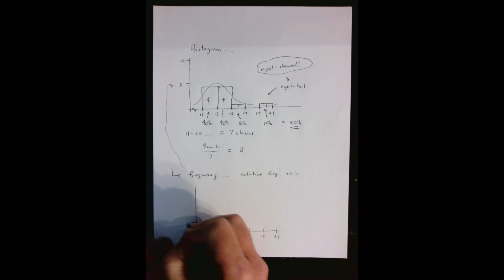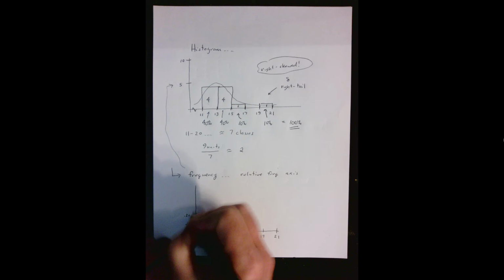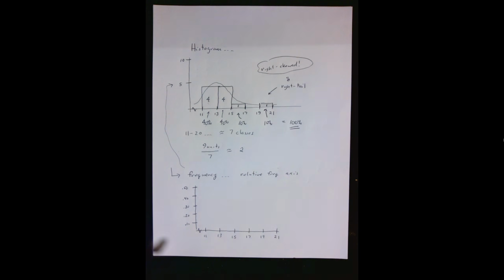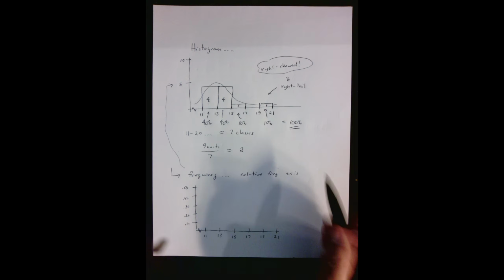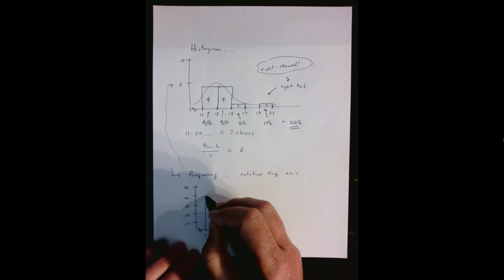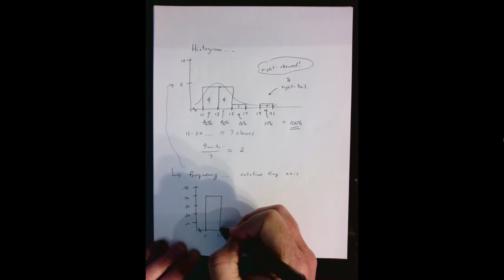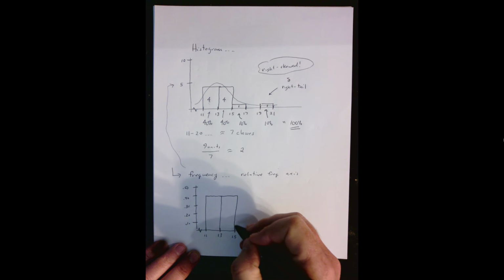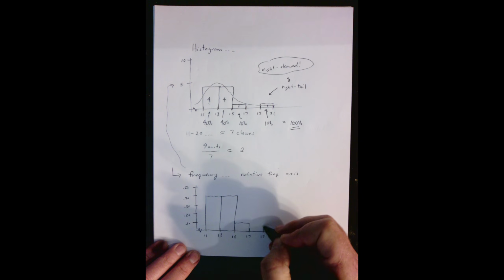What I would probably do if I were creating this by hand, and by the way, I never would, I'd always use technology, and I'm going to demonstrate that in just a second. My reason for doing this by hand is that I think you have a better understanding of these things when we run through and create them by hand, at least sketch it, than just letting technology do it and assuming we've got it all figured out. So I would bring this up to 0.40, and this up to 0.40. From 15 I have 0.10, and then over here I have 0.10.